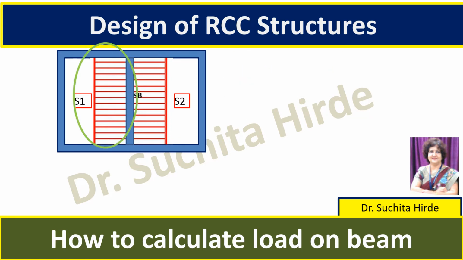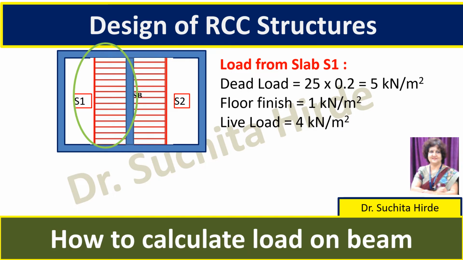Now let us calculate this load from slab S1 to beam. So you know that the thickness of slab is 200 mm. So dead load of slab is 25 into 0.2. 25 is density of RCC. So 25D is the dead load of slab. So it is 5 kN per meter square.